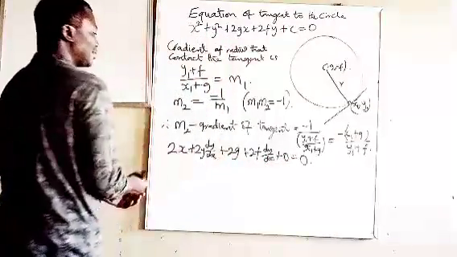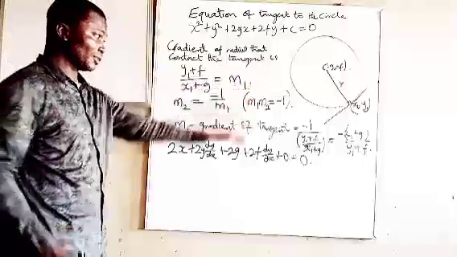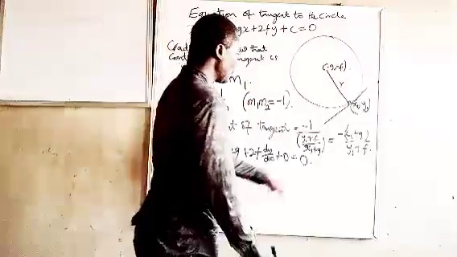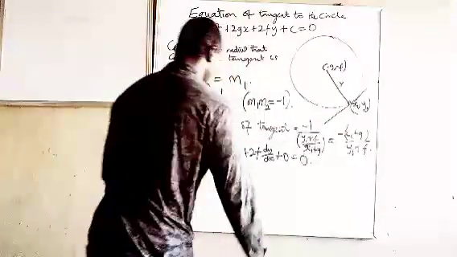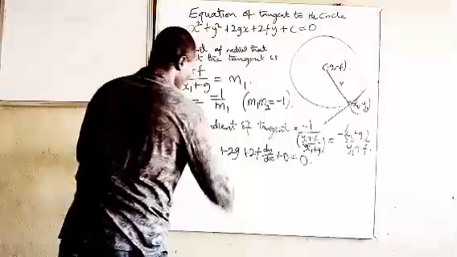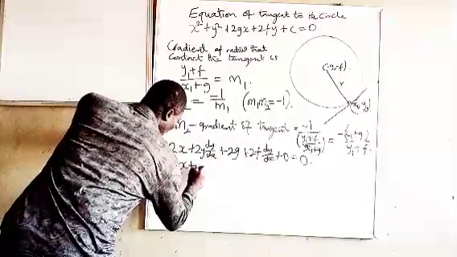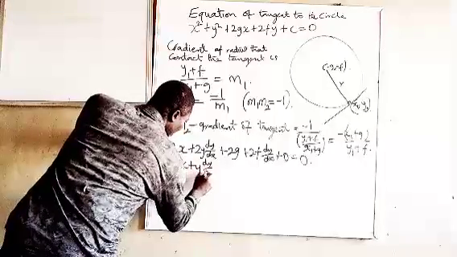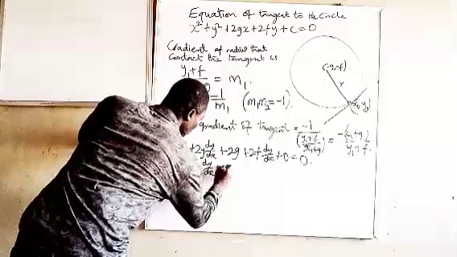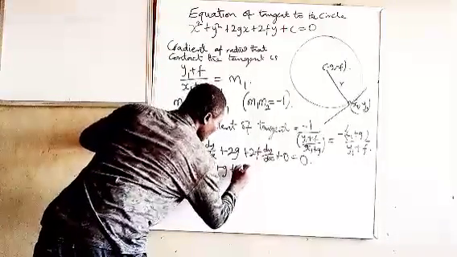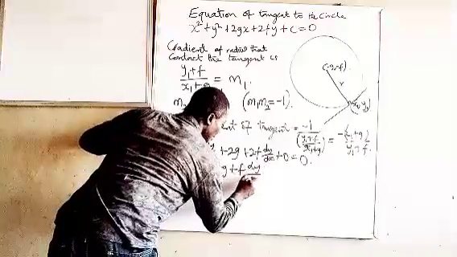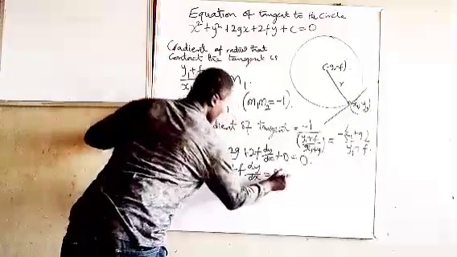So this is how you get dy/dx at that point. And dy/dx happens to be the gradient of the tangent. Now let's divide through by 2. That will give us x plus y dy/dx plus g plus f dy/dx equals 0.